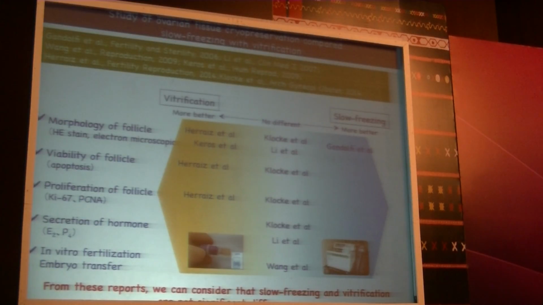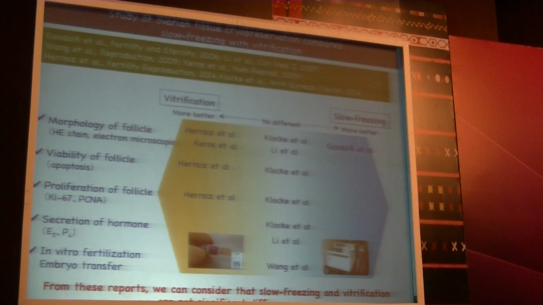We plan to conduct a randomized study comparing the slow freezing method and vitrification using cynomolgus monkeys, but they are difficult to use for a randomized study because we have no way to count the number of primordial follicles in ovarian tissue before transplantation, and the number of primordial follicles differs with the individual.